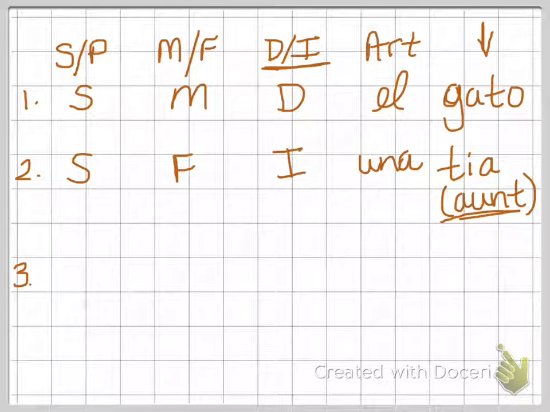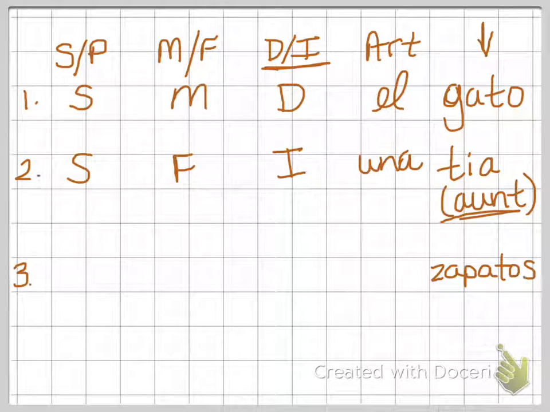Okay, the last word we're going to do here, we'll use the word zapatos. And I'm going to have to write it small to fit it in here. Zapatos. It means shoes, but we don't really even have to know what it means to do this process. So, first of all, is zapatos singular or plural?